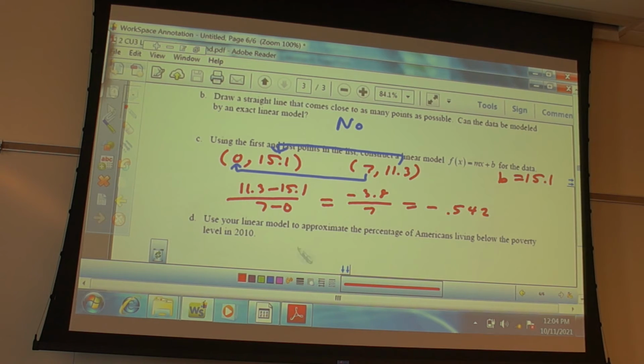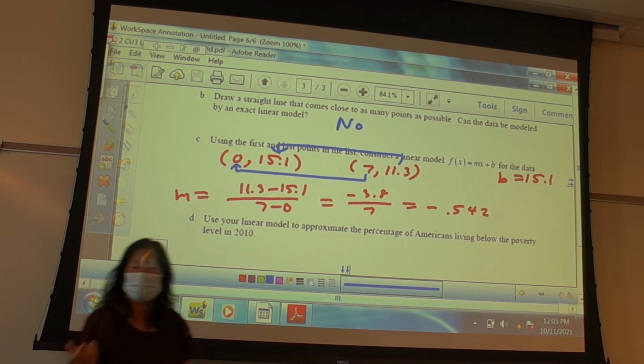So now we have our M, and we have our B, so what's our equation? Everyone write down the equation, the actual equation. Construct the linear model. The linear model is y equals something with x in it.